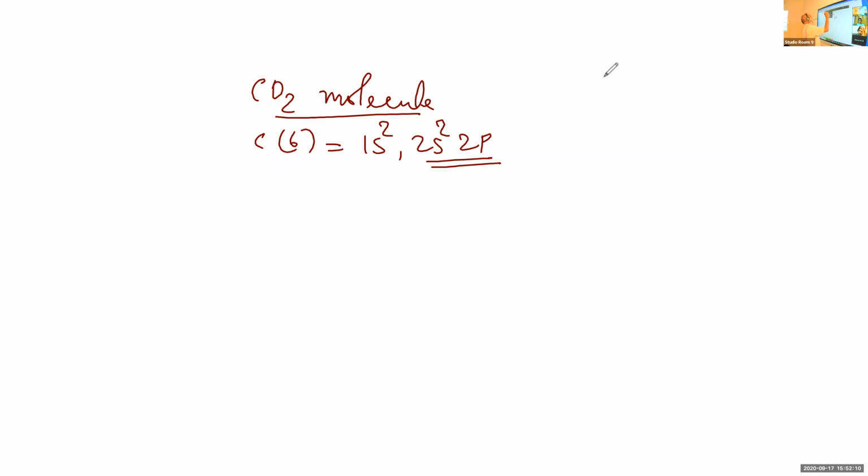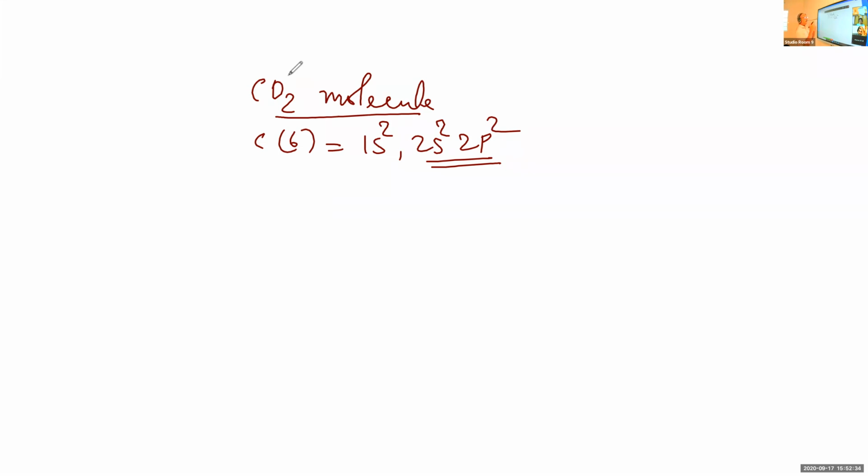It is not 2p4, it is 2p2. So 2 plus 2, only 4 electrons. There are 4 electrons in the outermost shell of a carbon atom.